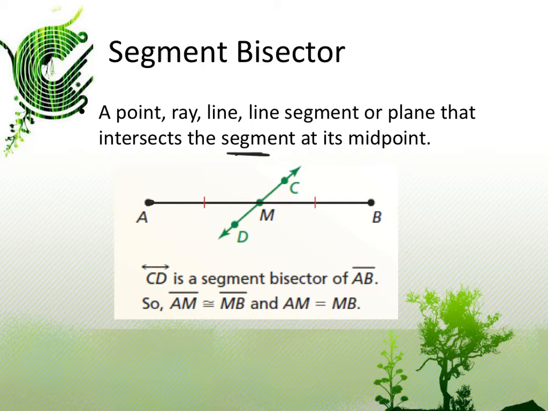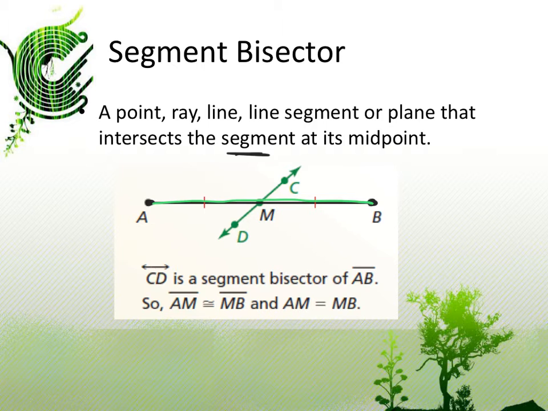So we have our segment, and either a point, ray, line segment, or plane goes through it, and then it splits the segment into two equal or congruent pieces. So in this particular picture, it's telling us that line CD, which is here in green, is a segment bisector of segment AB. So AB is the segment, and it's been bisected by a line.